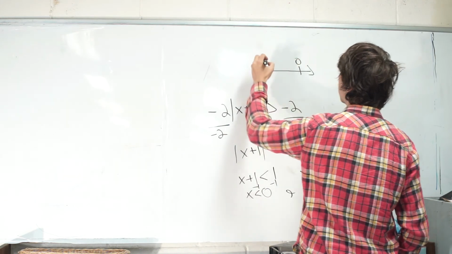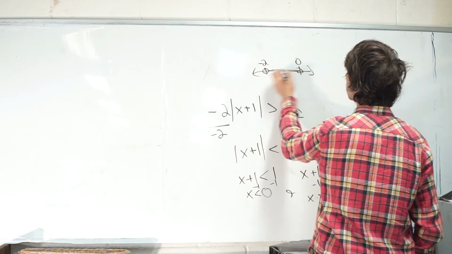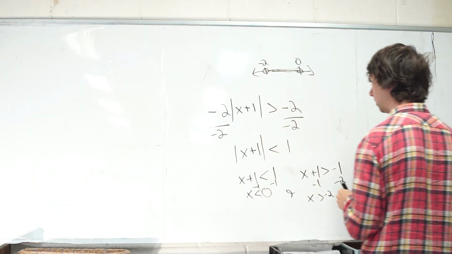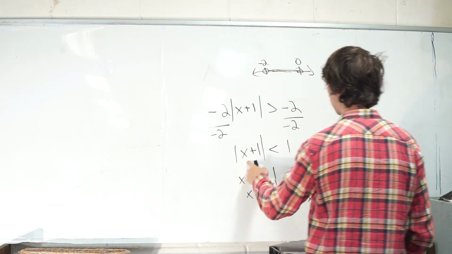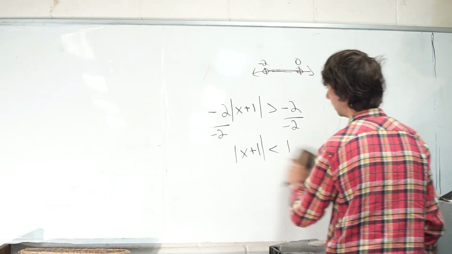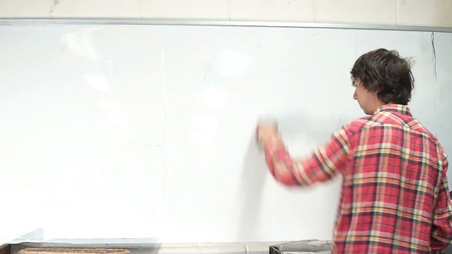That looks better. Got it. Okay, so if that's true, we should be able to plug in -1, it should work. So -1 plus 1 is 0, 0 is less than 1. Looks good. Alright, so that's that. Don't forget about the changing direction of the inequality when you multiply by -1.